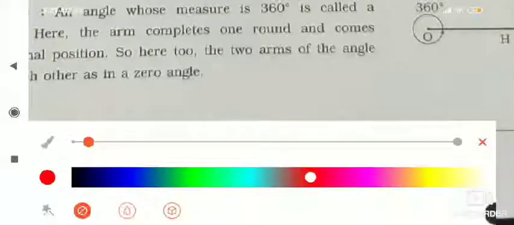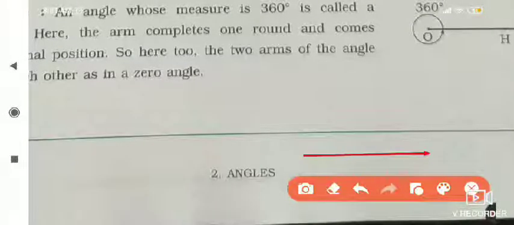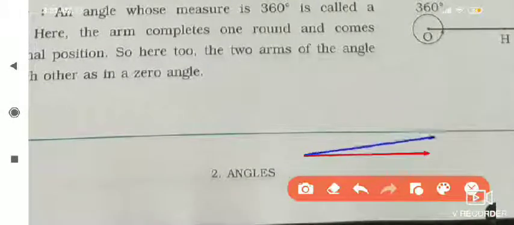Suppose this is one arm, and if I draw another arm here, then this is an acute angle. If it lies on the other one, this is a 0 degree angle. If this arm moves from here and turns till here, this angle is called an acute angle. Again, if this angle increases, these are also acute angles, till here it is an acute angle.